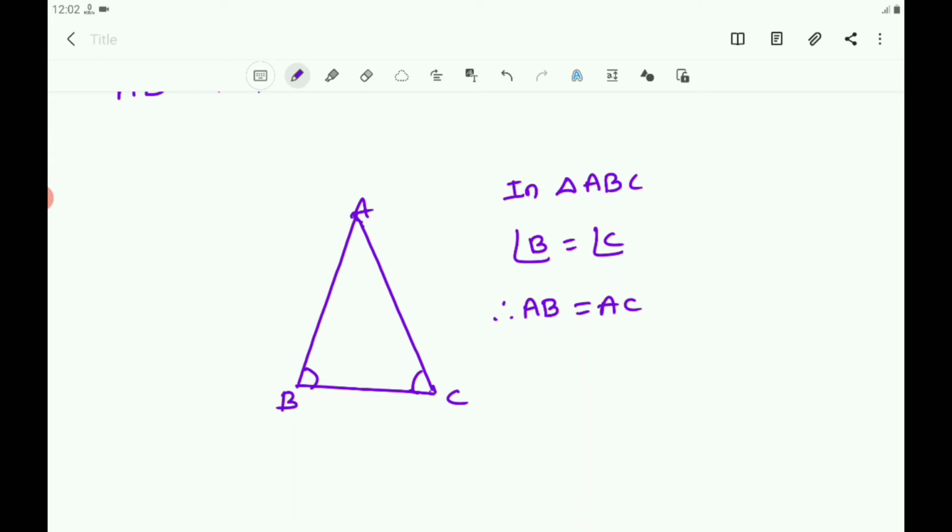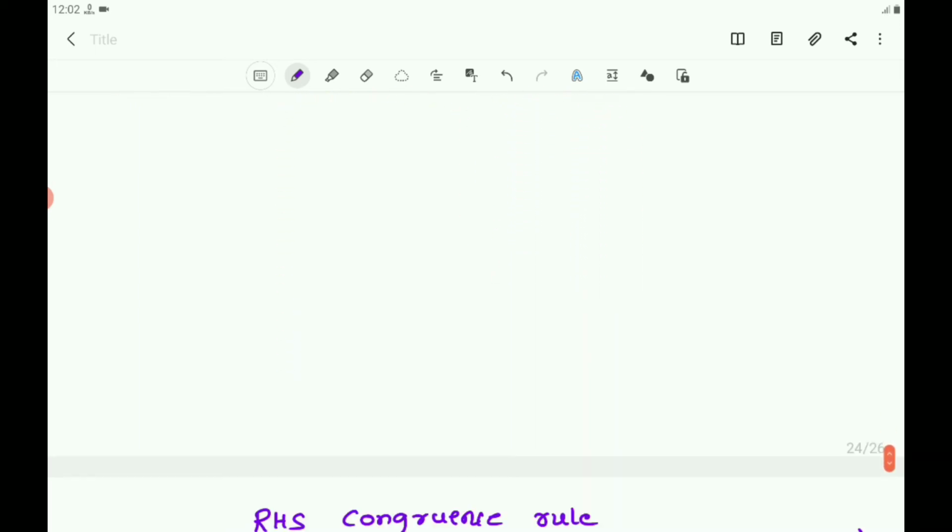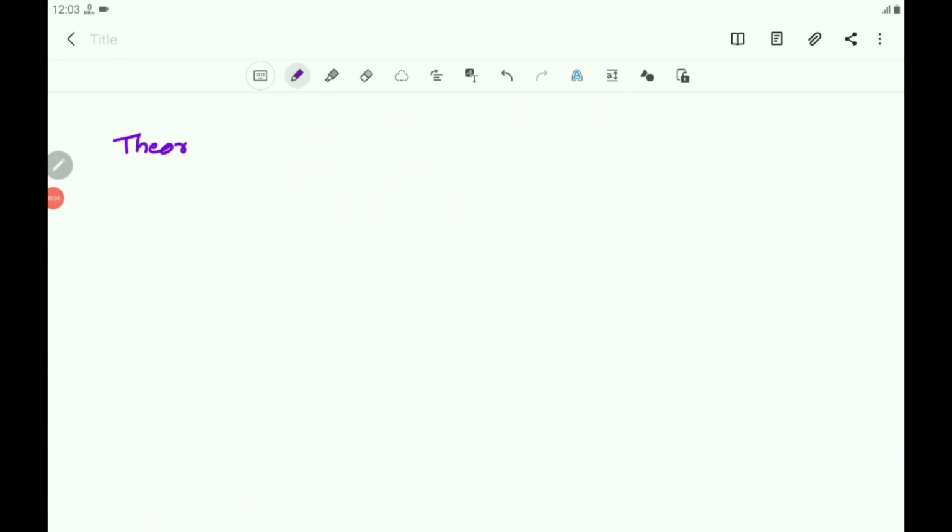So here we can consider this as theorem 2, that is the converse of the previous theorem. It is theorem 2 on the isosceles triangle. What is the statement here?